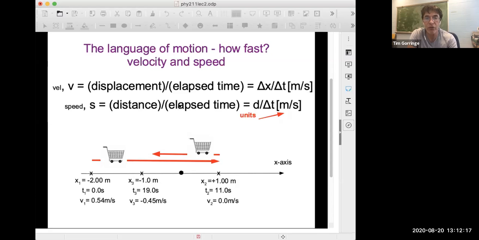So those are 2 different definitions. As a formula, it's delta x over delta t for the displacement over time, that's the velocity. And for the speed, it's distance d over the time interval. They both have the same dimensions, length over time, and the same units, meters per second, but they are quite distinct.